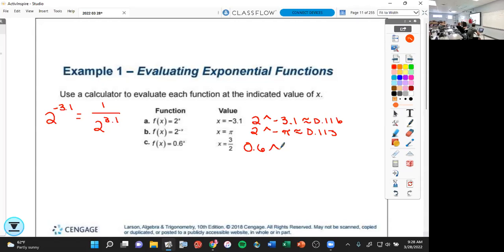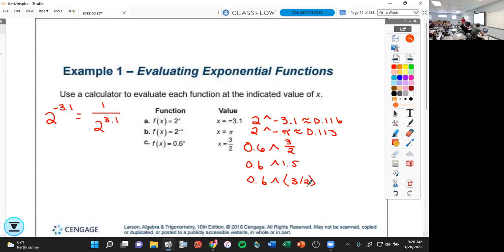Either make sure you enter the fraction as 3 over 2, or maybe you want to do it as 1.5, or maybe you want to do it as in parentheses 3 divided by 2. Because I think if you did 0.6 to the third slash 2, it's going to take 0.6, raise it to the third power, take that answer and divide it by 2, because the calculator understands order of operations. Am I right? Okay. So when you type it in any of these ways, what do you get?